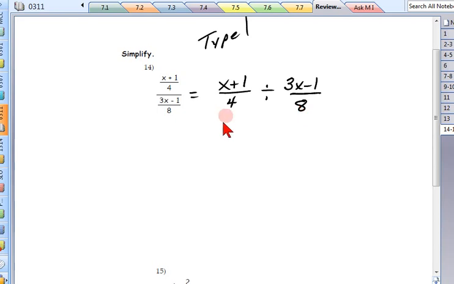Keep change flip. X plus 1 over 4 times 8 over 3x minus 1. Is there anything I can reduce? 4 goes into itself 1 time. 4 goes into 8 2 times. Anything else? No. X plus 1 can't be factored. 3x minus 1 can't be factored.